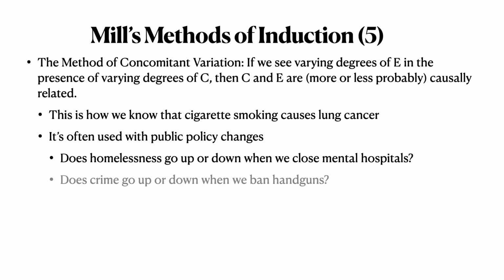Or does crime go up or down when we ban handguns? This is an experiment run many times. We know there's a certain level of crime, and then in a given year, we will ban handguns and then maybe see over the next 4 or 5 years what happens to the crime rate. It would be beyond the scope of this lecture for me to comment much on either of those, but they're interesting. Look them up.